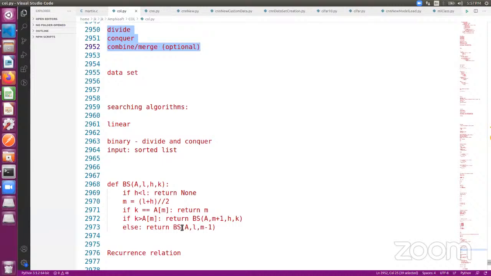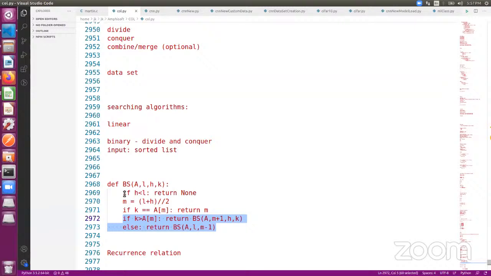There's a shortcut to find this. Always the recursive calls would be the divide step. So here is where you are dividing the data into half, either the right hand side or the left hand side. So always the recursive calls would be your divide step.